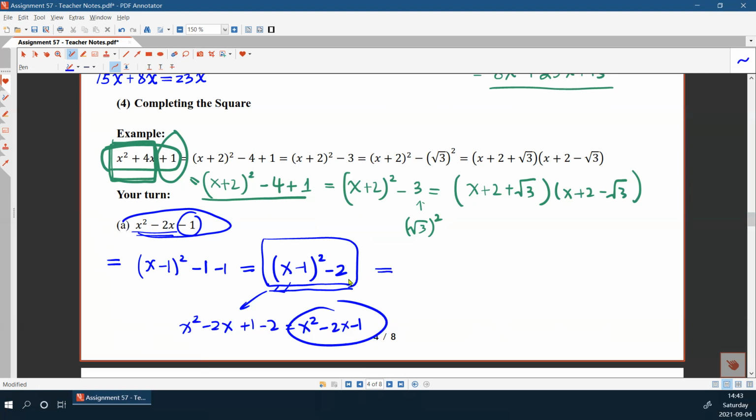It's not over yet, this is not the factored form. Note here, 2 is square root 2 to the power of 2, right? So again, we can use the formula, which is x minus 1 plus square root 2 times x minus 1 minus square root 2, right? Okay, any questions?